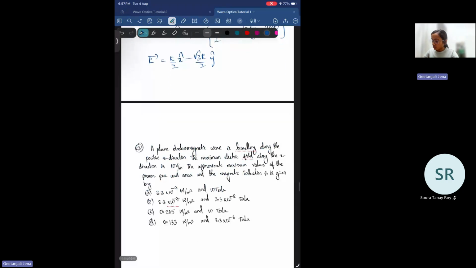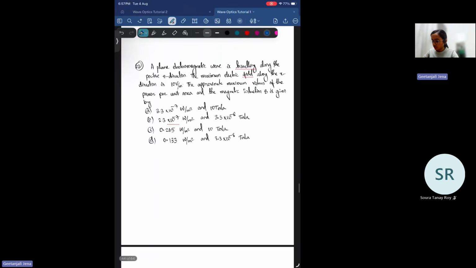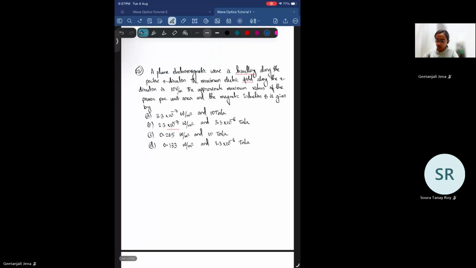Okay, so this will be our last question for week 1. There is a plane electromagnetic wave which is traveling along the positive z direction. The maximum electric field along the x direction, E max, is 10 volt per meter.